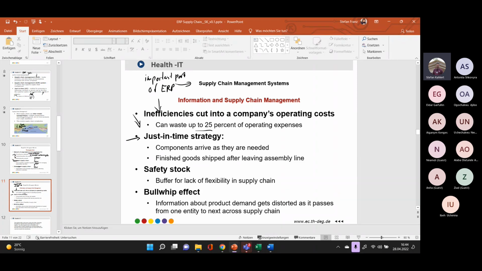One is just in time. So components arrive as they are needed. Going back to the example, when you go to a car repair station and let's say your engine broke or you have problems with your tires, with your wheels, and you need a new one, and you bring it in the morning, you will expect to get your car back by the end of the day.